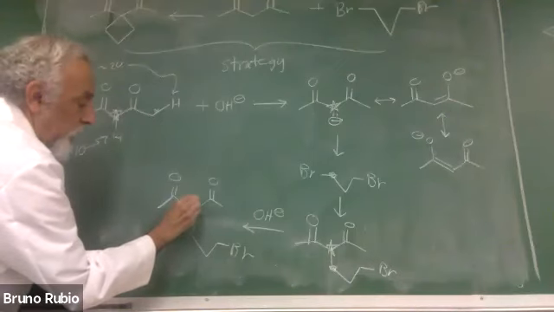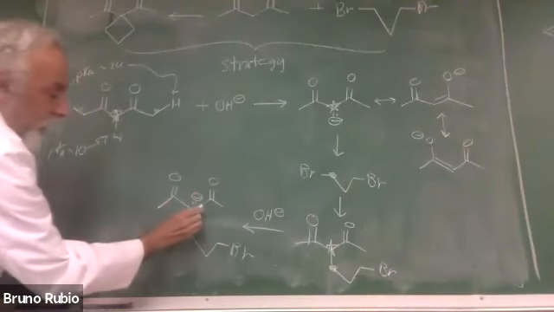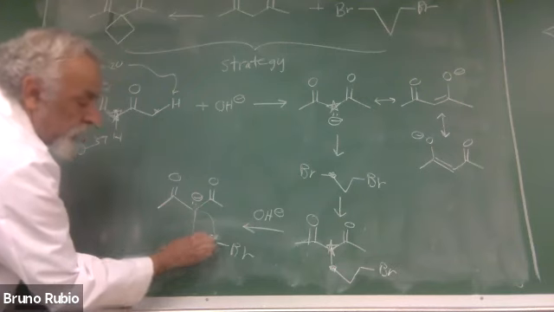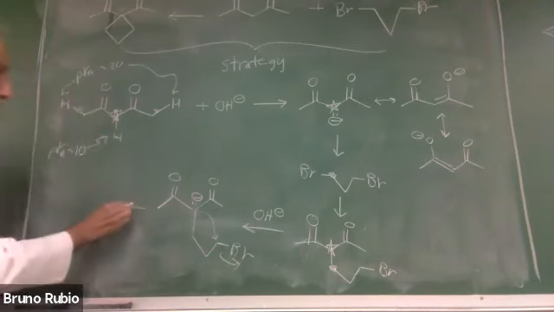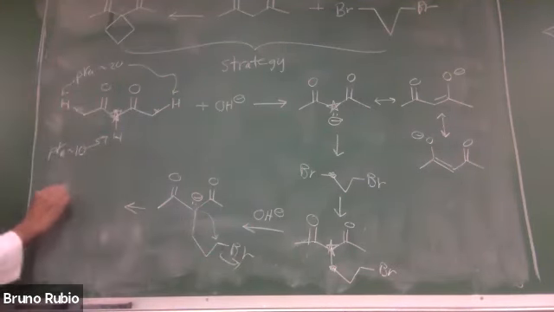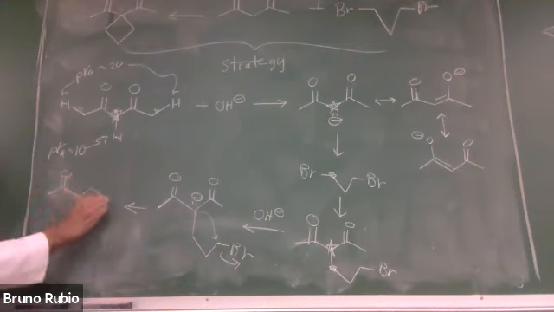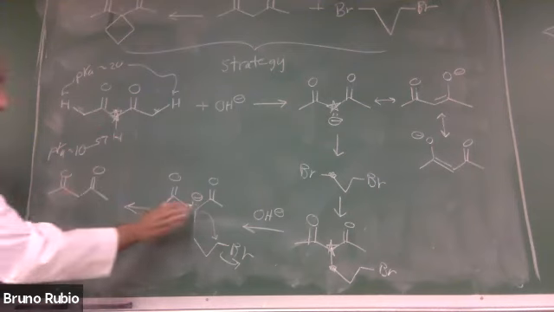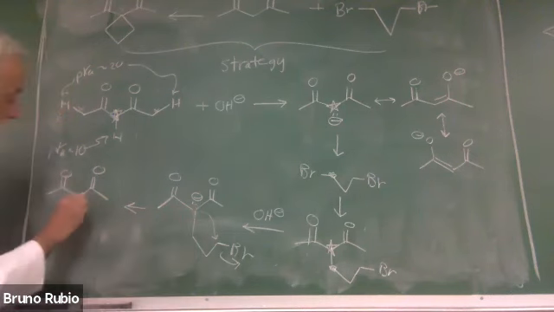That's going to give me a new enolate here, and then that is going to displace this bromide, and that will be my target molecule. 1, 2, 3, 4.